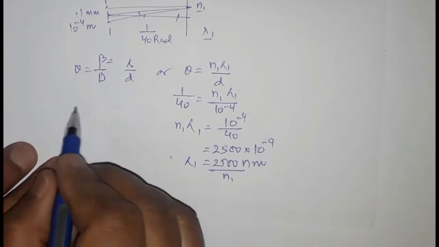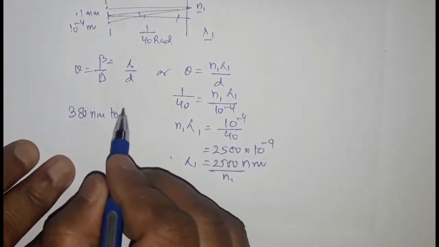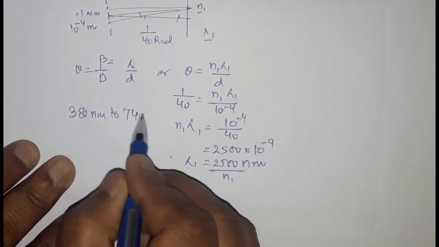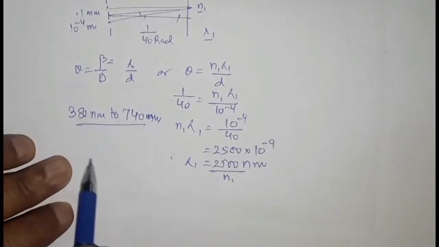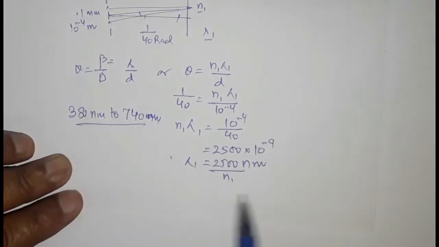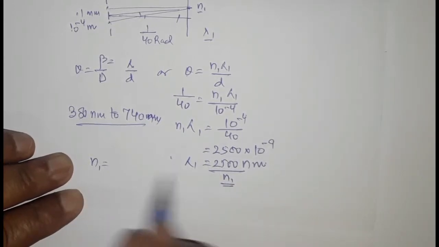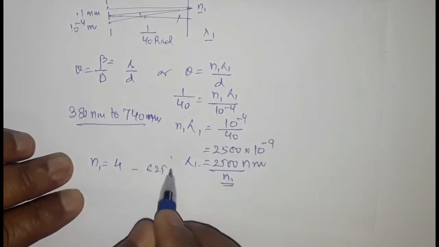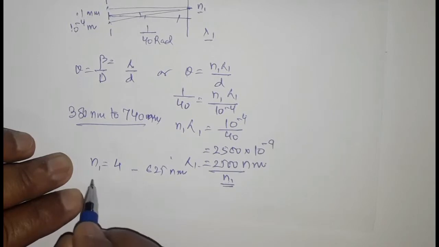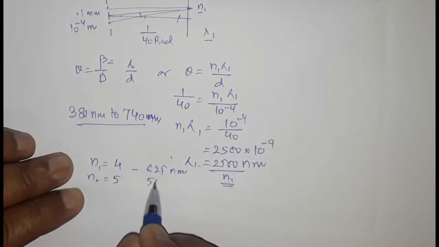Range is given to us, 380 nanometer to 740 nanometer. So to find wavelength between this range, it depends upon n1. If n1 is equal to minimum value 4, that means this lambda 1 is 625 nanometer. If n1 is 5, this is 500.